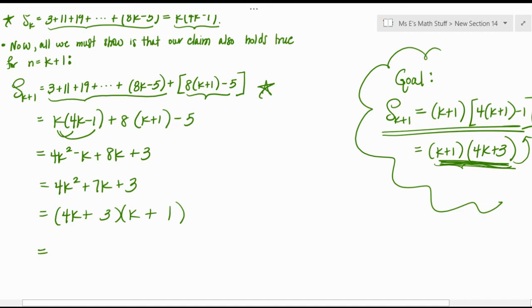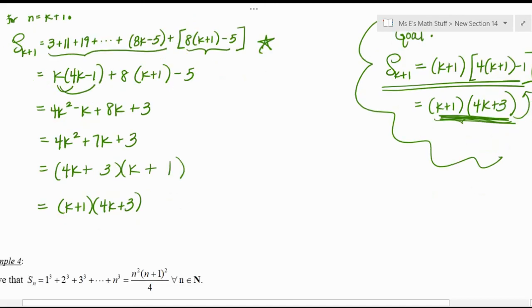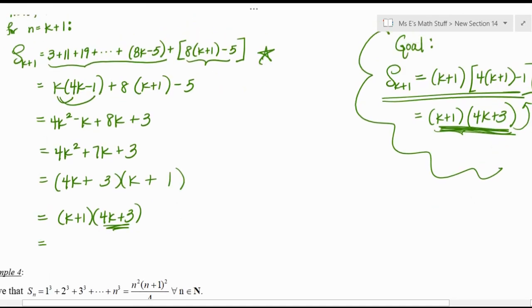So for starters, I'm just going to flip the multiplication around, k plus 1 times 4k plus 3. And then you're going to see me unsimplify 4k plus 3. So this would equal k plus 1 times 4 times k plus 1 minus 1.